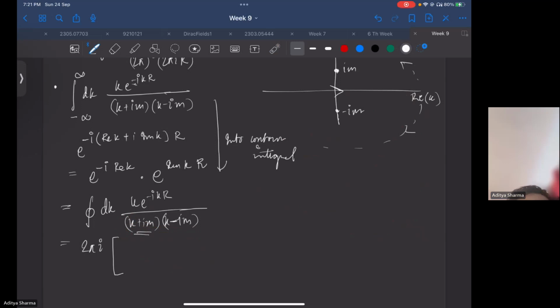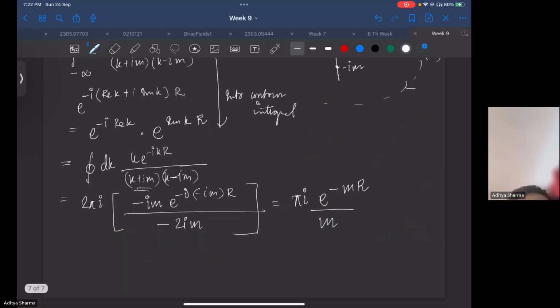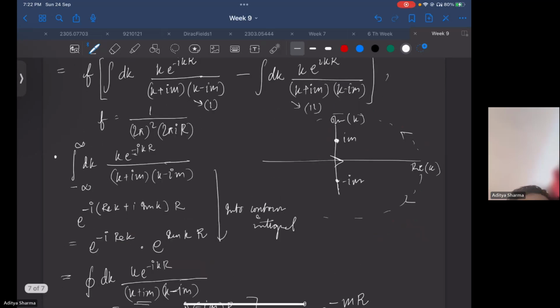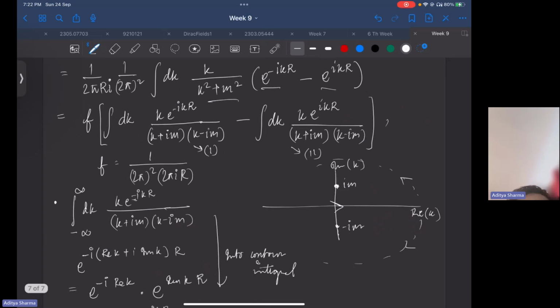So you get minus 2 i m, and e to the power minus i times minus i m r, so e to the power minus m r. This is how the integration will be.